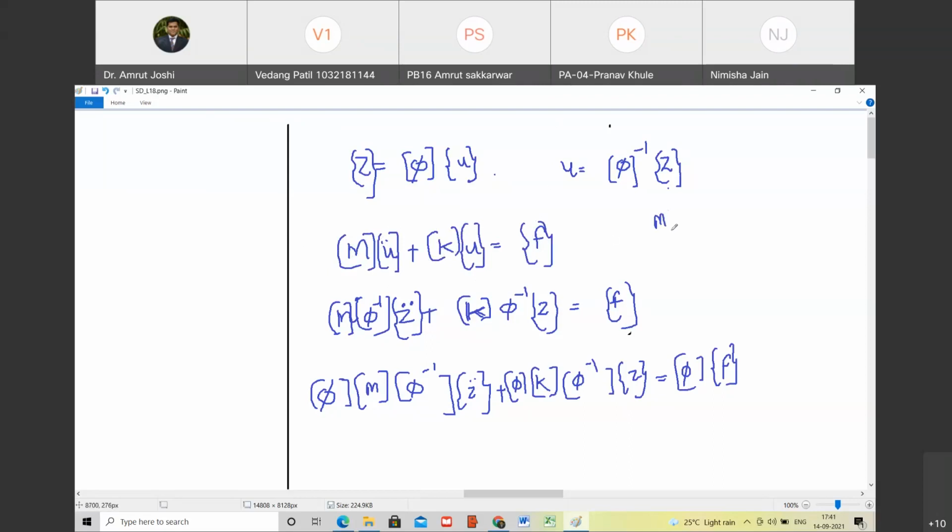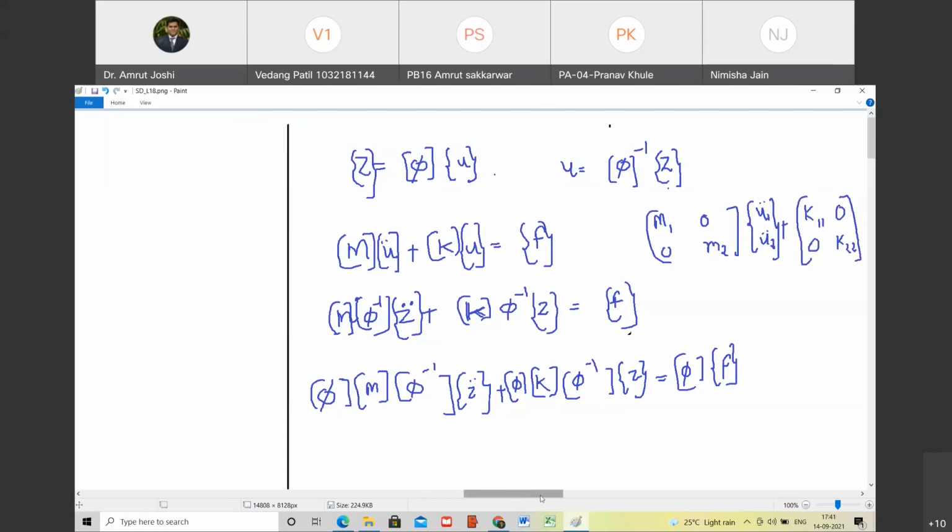So in fact it is something like this: M1 0 0 M2, this is the mass matrix. Then you have u1 double dot, u2 double dot, plus this element, I am going to call it K11, 0, 0, and this is K22.